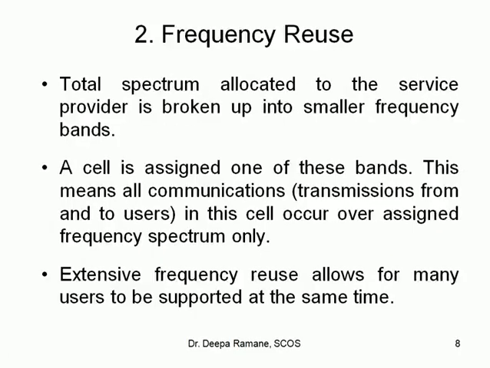Now let us see the second technology, which is called the frequency reuse concept. In this frequency reuse concept, the total spectrum allocated to your service provider is broken into small frequency bands, and each frequency band is given to one particular cell.